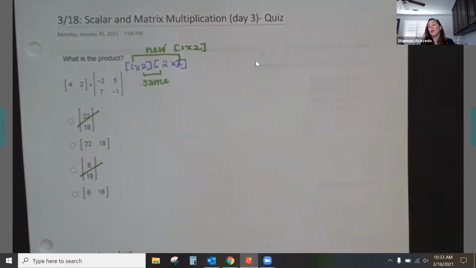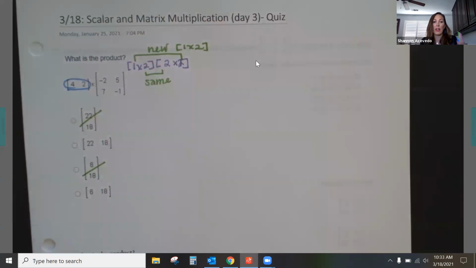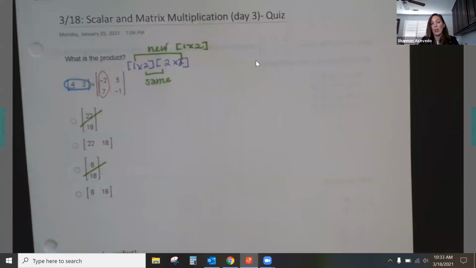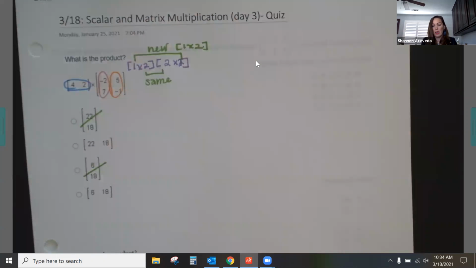Now let's go ahead and do the work. I like to circle my values here because I know I'm multiplying rows to the columns. So it's rows by columns. There's one column and there's my second column.